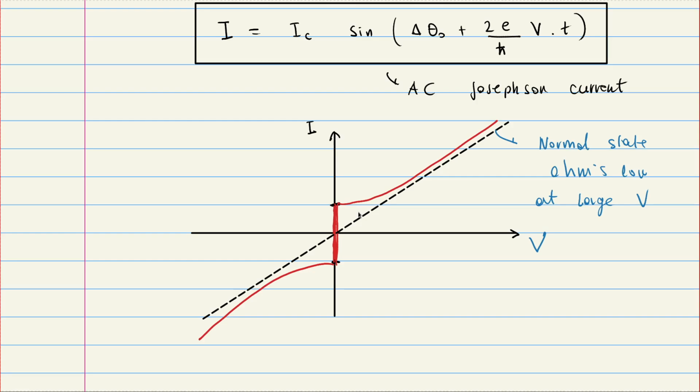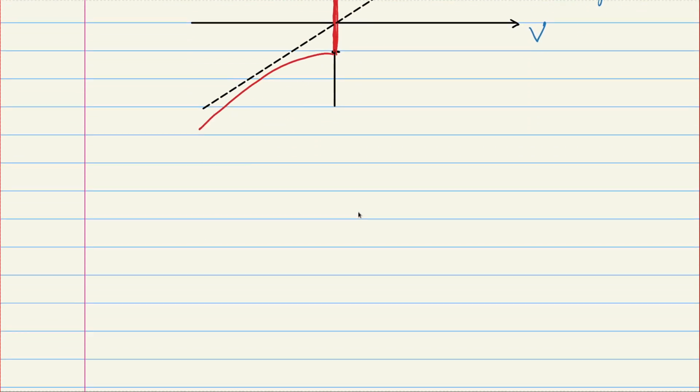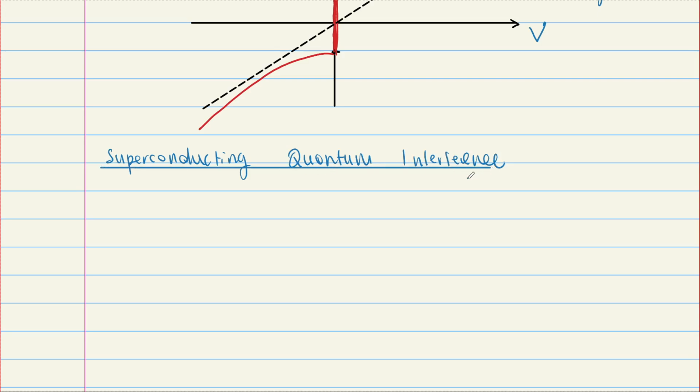So let's make it a little bit more interesting. Let's think about superconducting quantum interference. It's kind of like a double slit experiment, but done for macroscopic waves and also with superconductors.